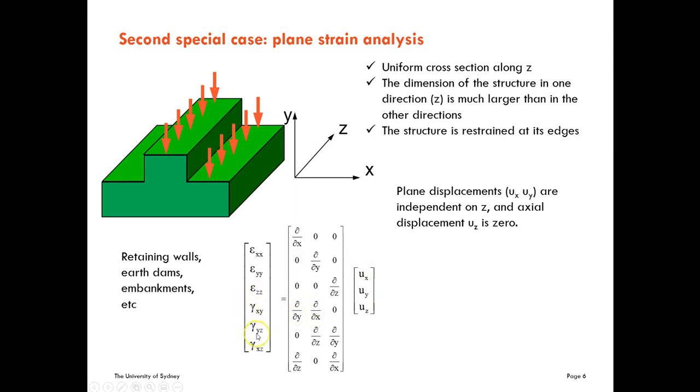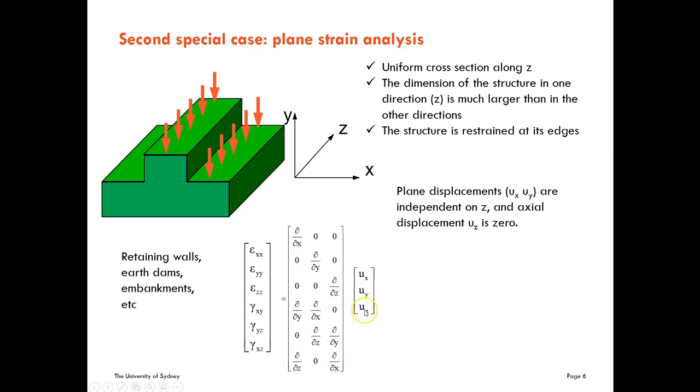And this one is going to be the derivative of ux with respect to z. That is 0 because it doesn't depend on z. And here, uy with respect to z. And this is going to be the derivative of uz with respect to y. That is 0 because uz is 0. So this is going to be 0. And this one is going to be the derivative of ux with respect to z. That is 0 because this doesn't depend on z.